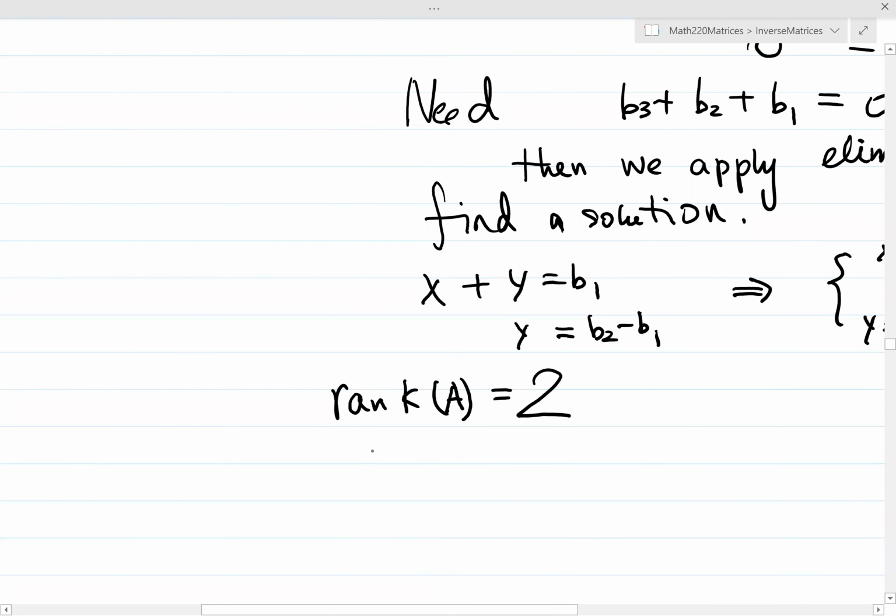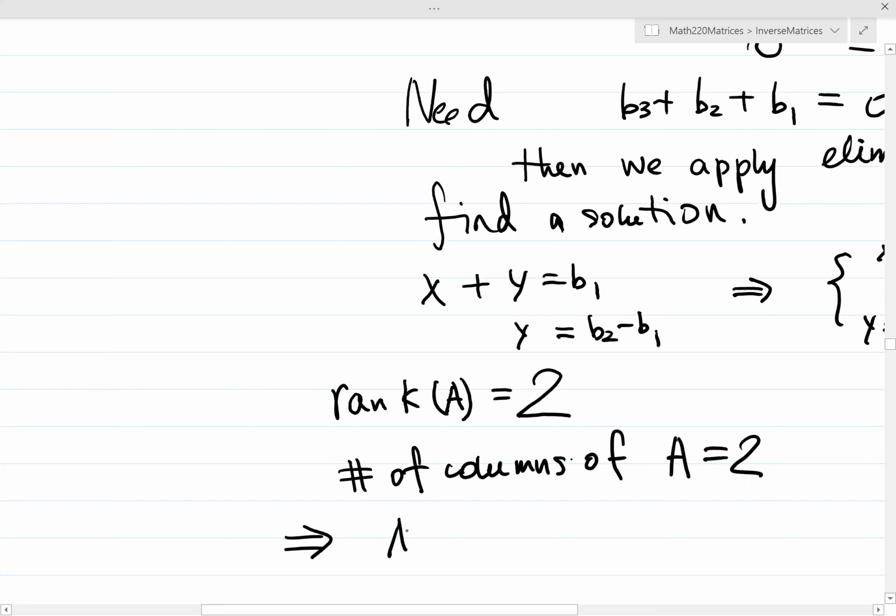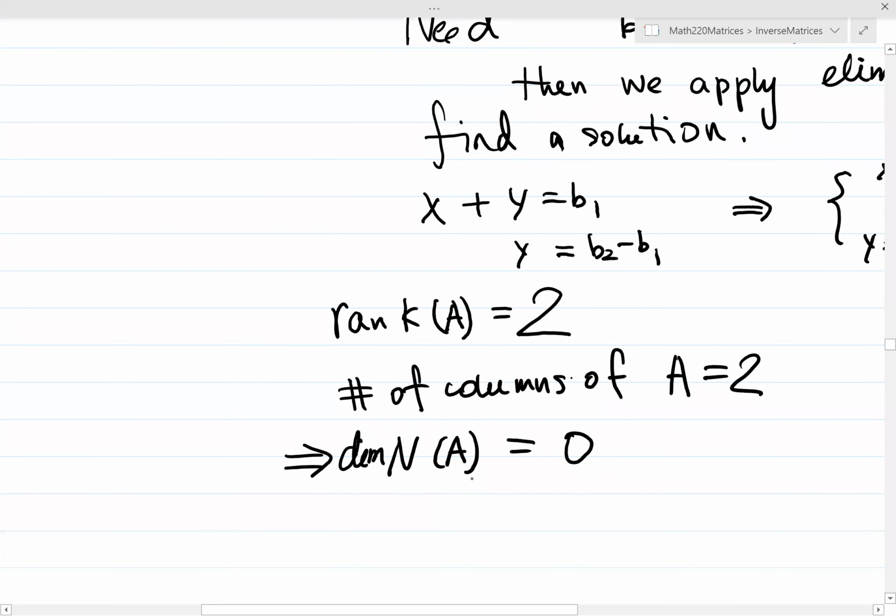Now the number of columns of A equals 2. So this means the dimension of null space is 0, because rank plus dimension of null space is equal to the number of columns. So dimension of null space is 0 means the null space contains only the 0 vector.